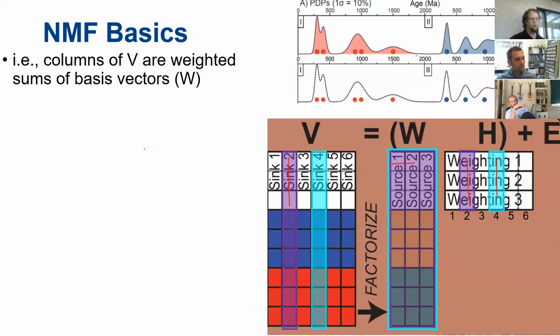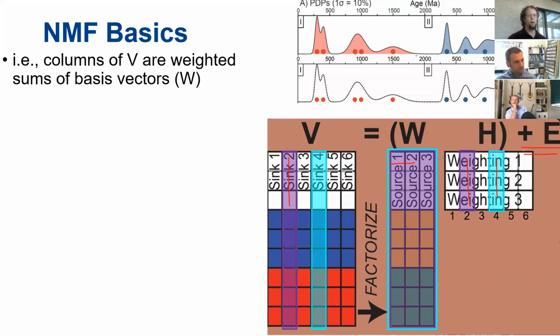So starting from a random starting point in W and H, we can iteratively update those and try to minimize the misfit, that E value, which would be the misfit between V and WH.